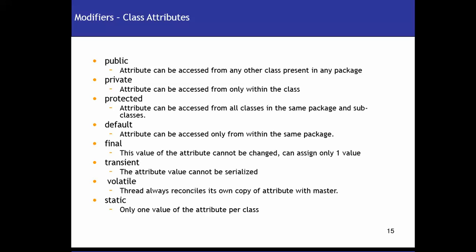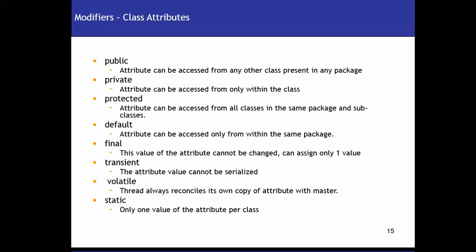Next, transient. Transient means the attribute value cannot be serialized. What is meant by serialization? Let me tell you with an example.